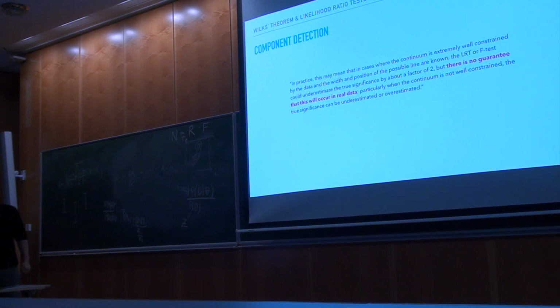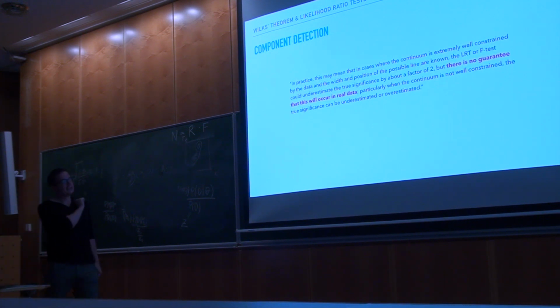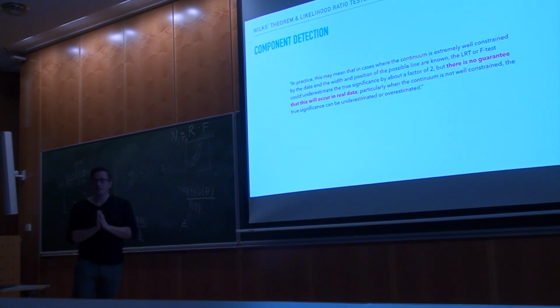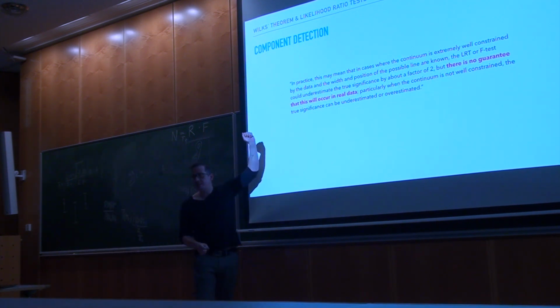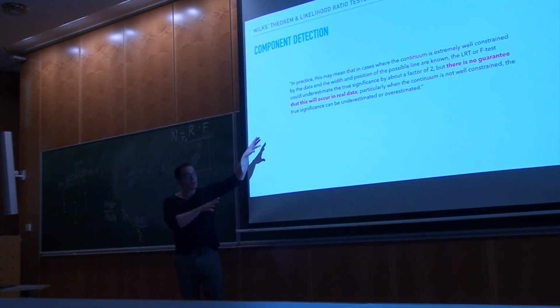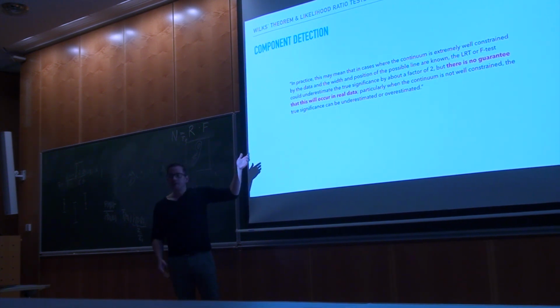And I like the very last line: it's not only that you might overpredict or underpredict the component, but there's no guarantee. Most of the time when they were doing all the tests in Protassov, they were using simulated data, so it's a perfect situation. Data are never perfect. There's going to be all kinds of pathologies in them. And so there's no guarantee that even some of the conditions they found when they fixed the likelihood ratio test will actually work.